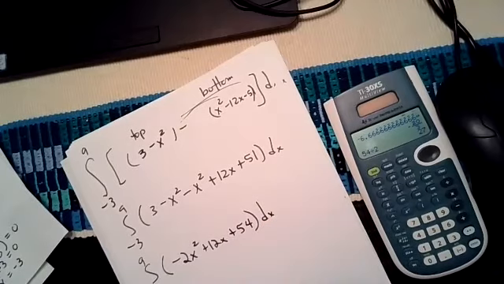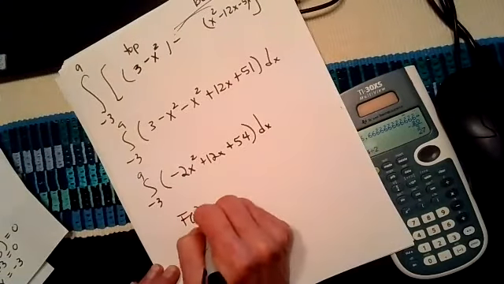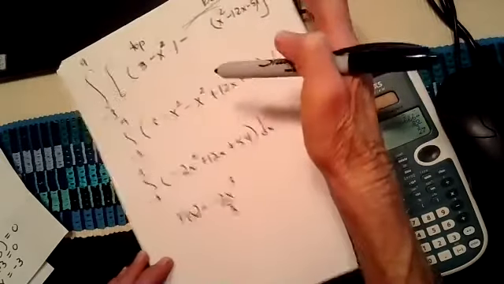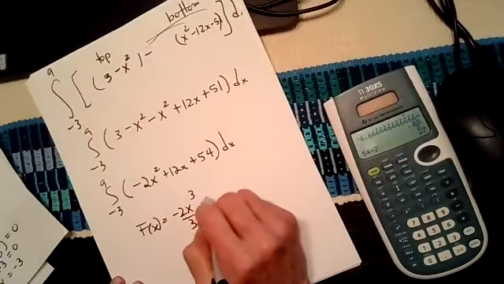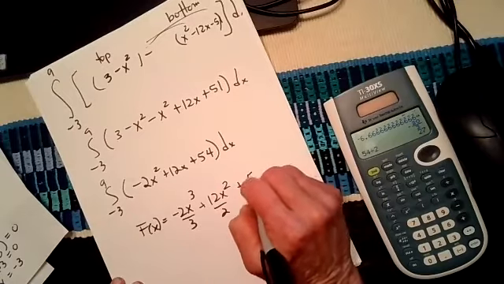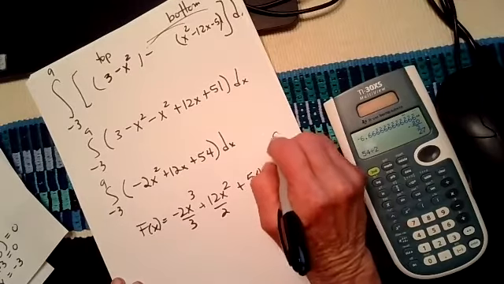Now all I have to do is find the antiderivative and plug my numbers in. My antiderivative is negative 2x cubed over 3 plus 12x squared over 2 plus 54x, and I evaluate it from negative 3 to 9.